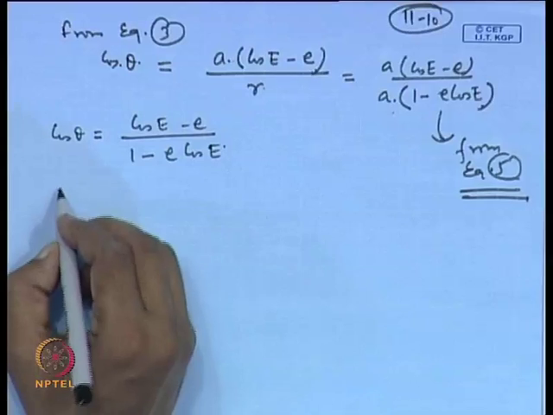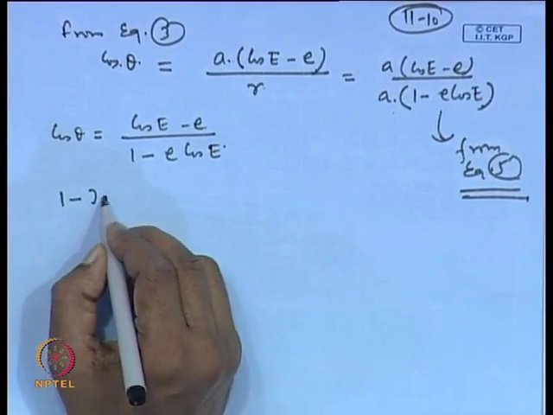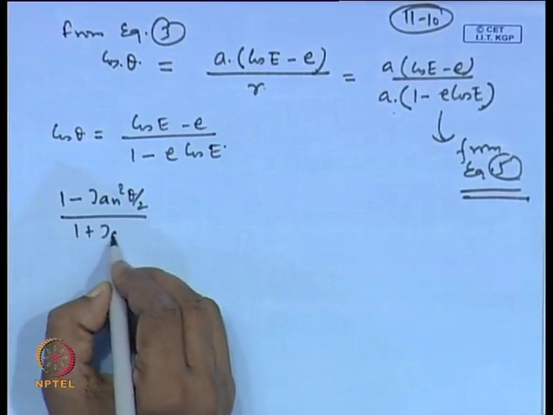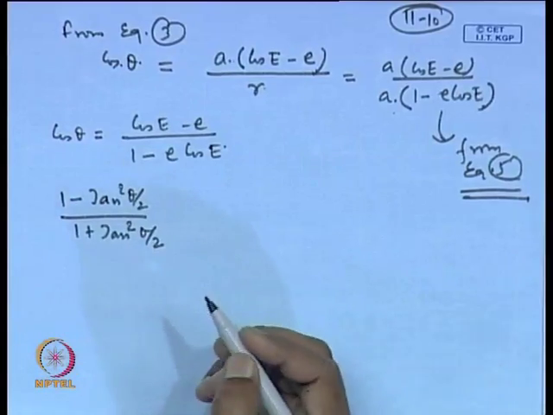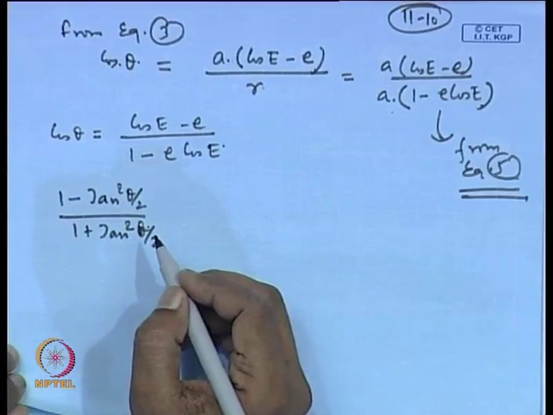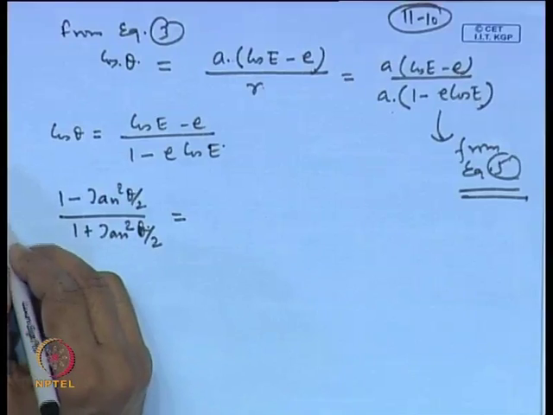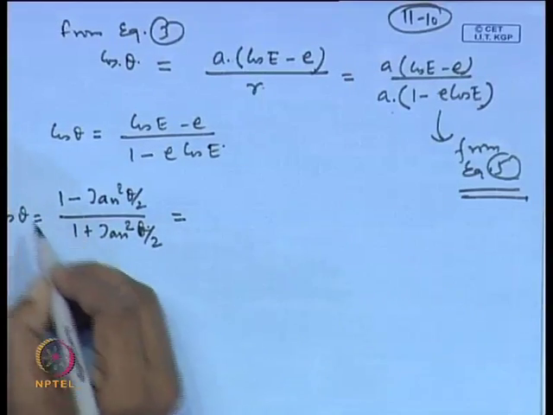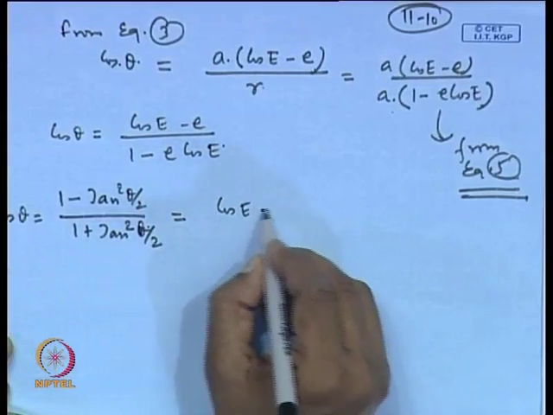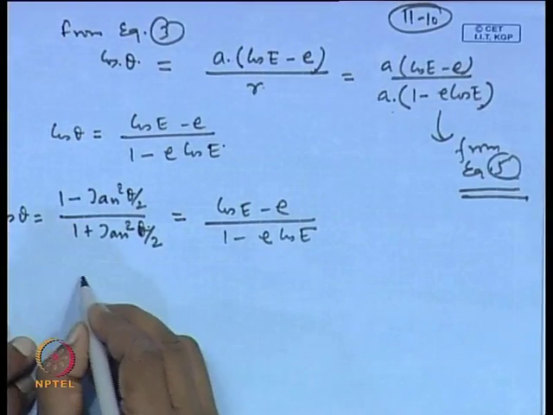Okay. Now, doing a little bit of manipulation. So, cos theta can be written as 1 minus tan square theta by 2 divided by 1 plus tan square theta by 2. Okay. So, this is the quantity we get.